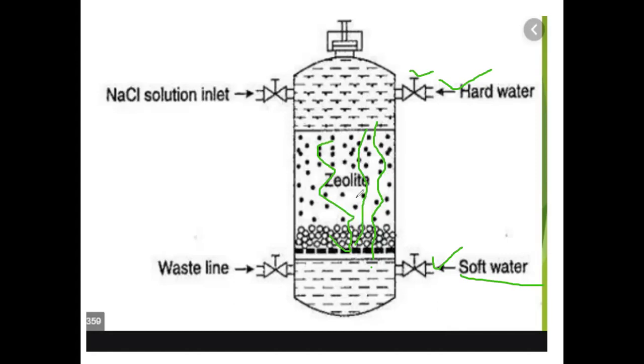And when it comes into contact, because the zeolites are porous in nature, they adsorb, I am using that word, it is a surface phenomenon, they adsorb the calcium and magnesium and release the sodium ions. So the exchange of ions is performed over here, and hence the water becomes free from calcium and magnesium, and that treated water or soft water can be collected through this valve. Okay, so this is the method of treatment.